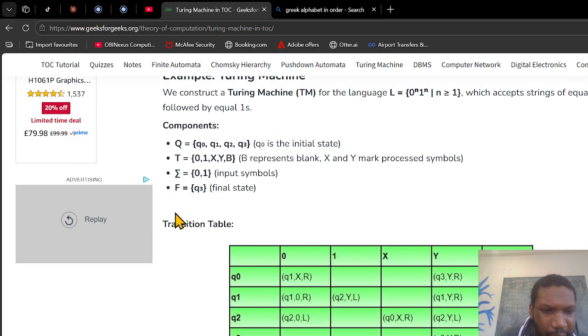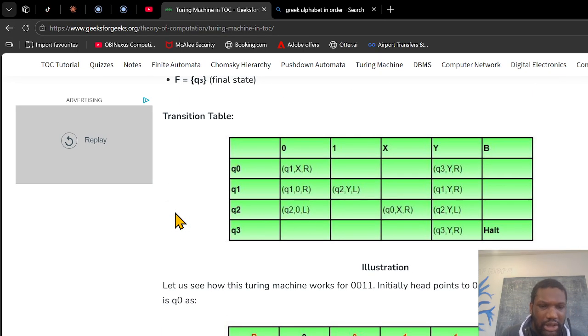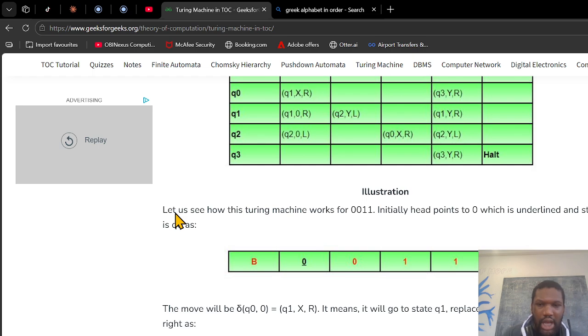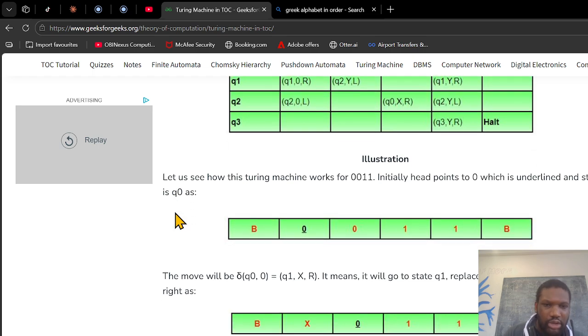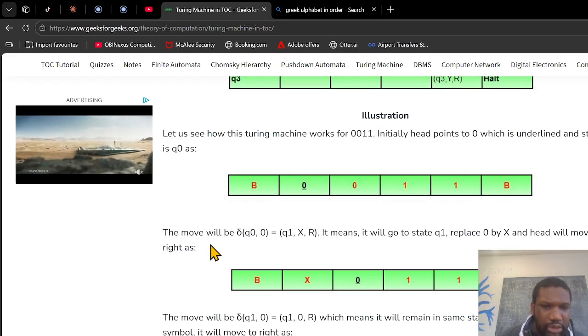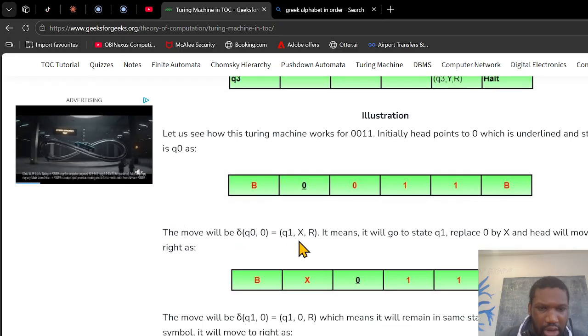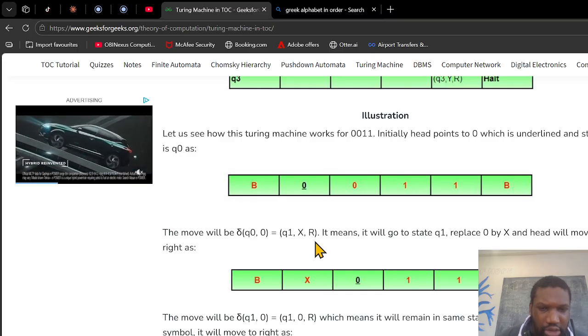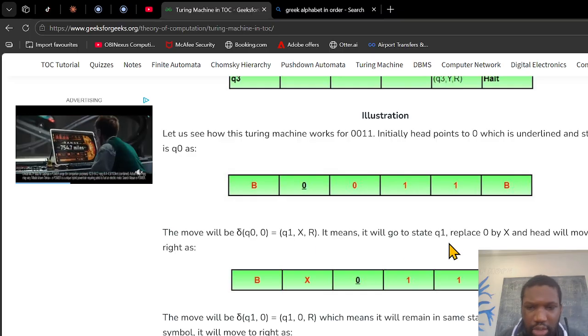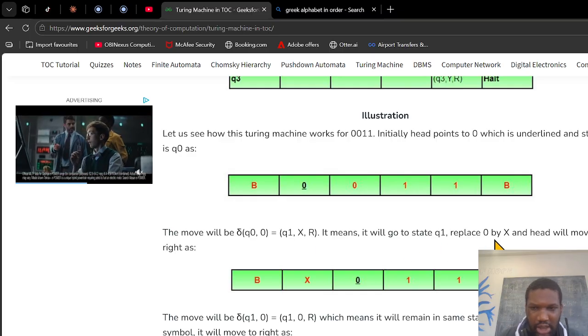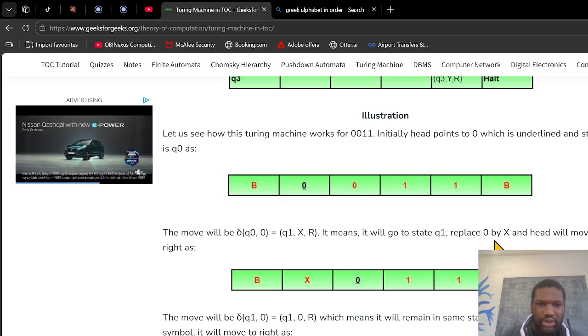For example, here we have this one. So let's see terminal 001 and underneath the 0 B, the movement moves from instruction Q0 to Q1. X and execute. So it goes to state 0, replaces 0 by X, and moves to here.